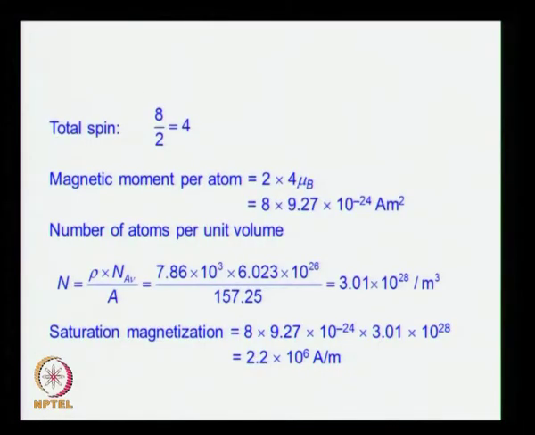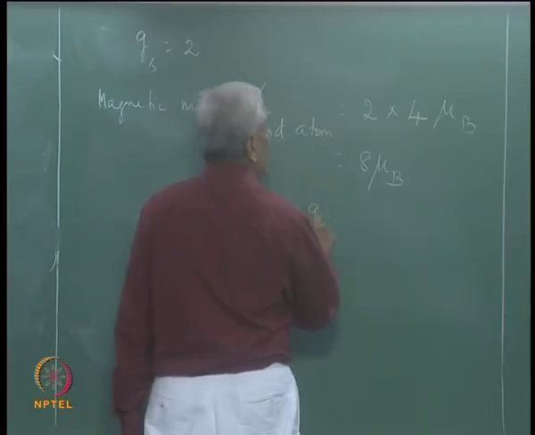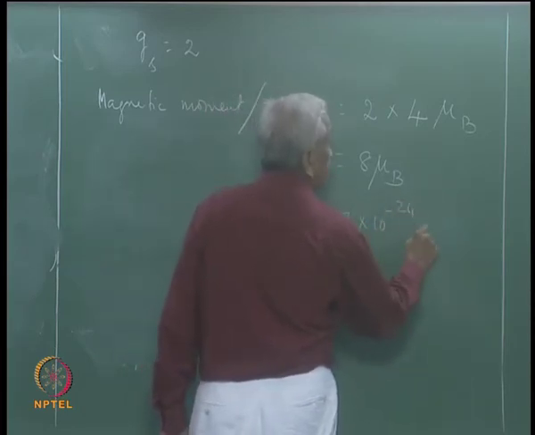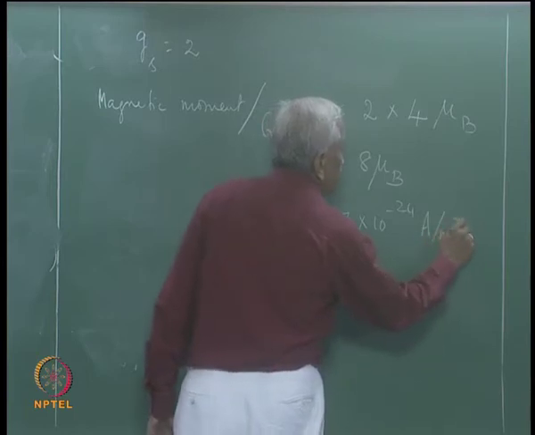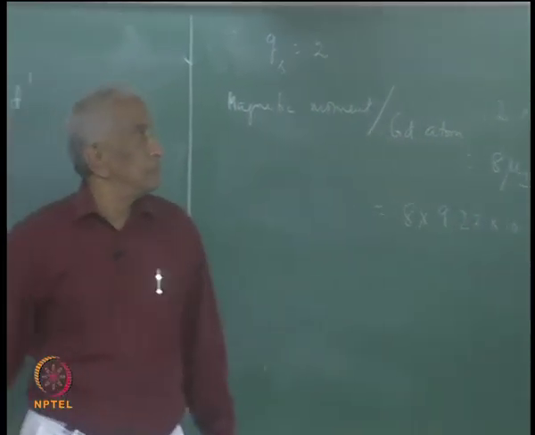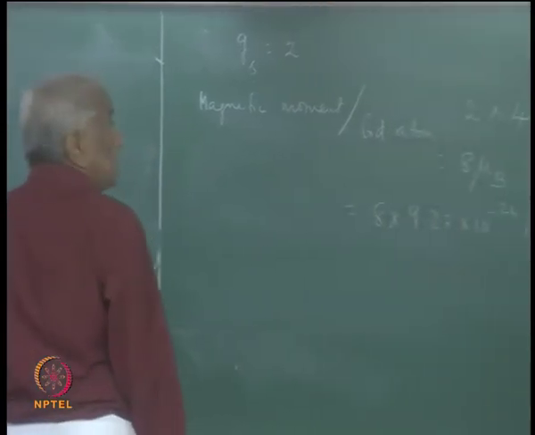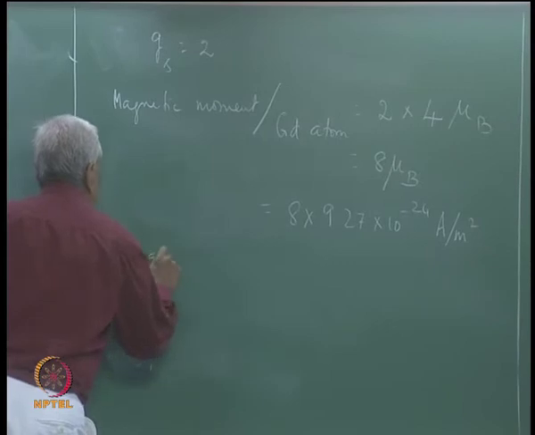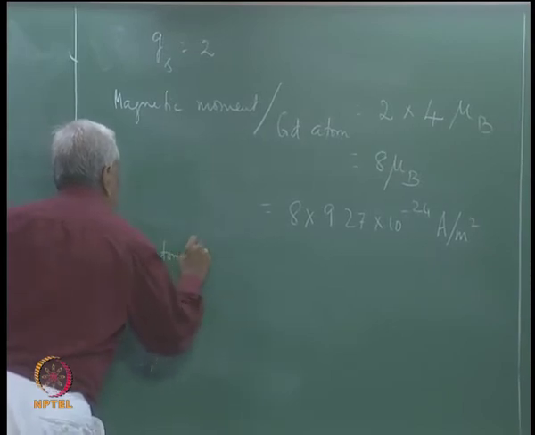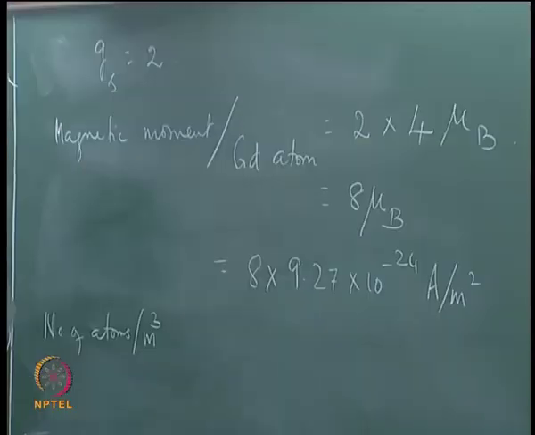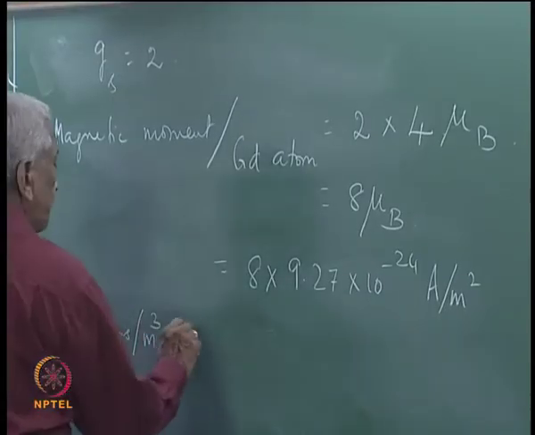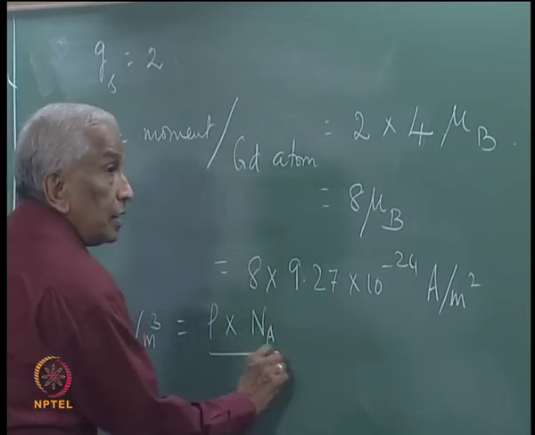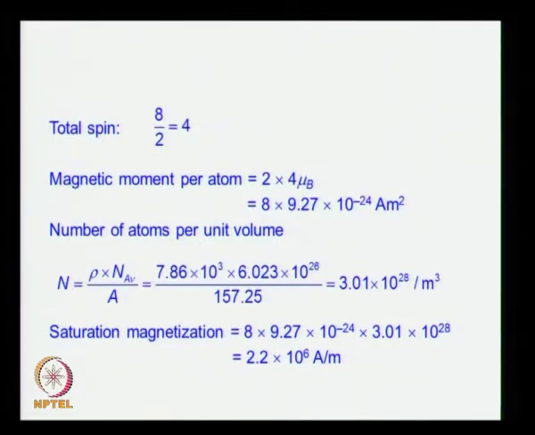and since the Bohr magneton is given, that is for one gadolinium atom, and we have to calculate the number of atoms per meter cube, which is just the density times the Avogadro number divided by the atomic weight.